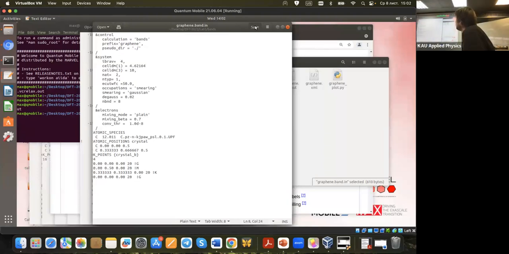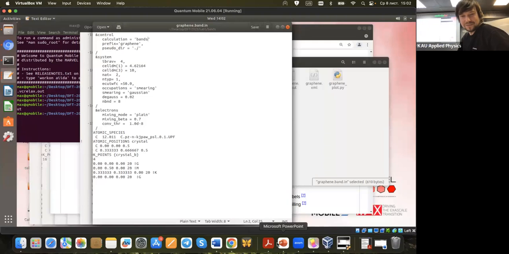Yeah, you should copy all files from SCF folder to bands folder. Graphene bands. This band calculation needs output of SCF calculation to proceed. Everything works. Yeah, it's magic.